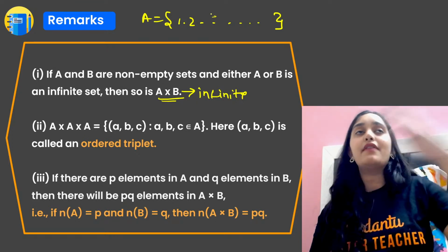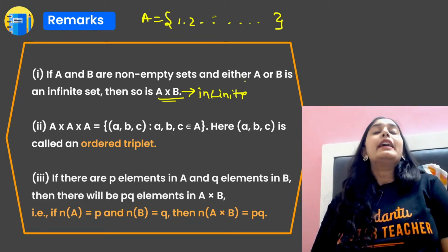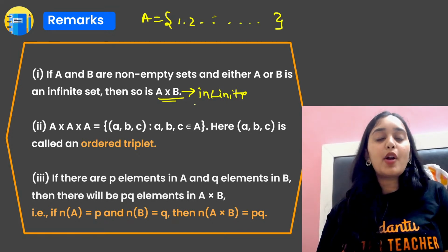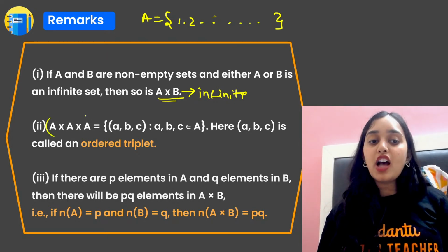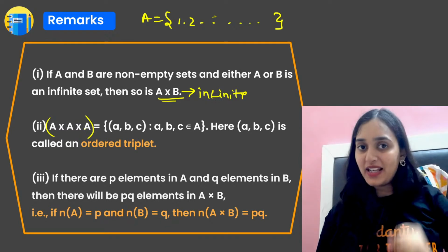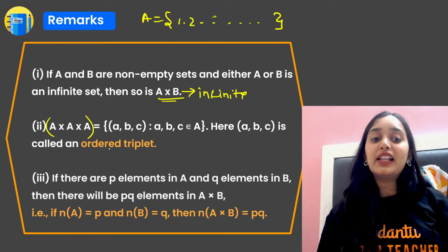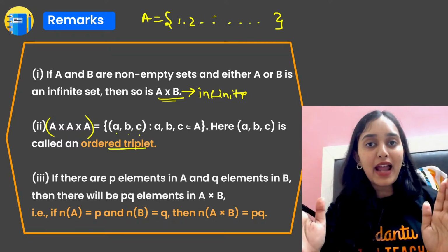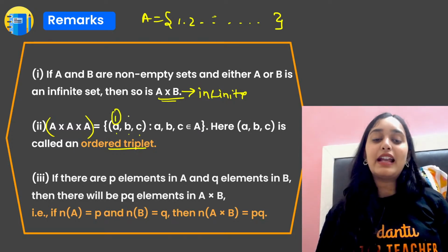If your set is infinite, then the cross product will also be infinite. Similarly, if you are finding the cross product of three sets, instead of ordered pairs you will get ordered triplets. Inside the bracket, you will have three elements: from the first set, second set, third set.